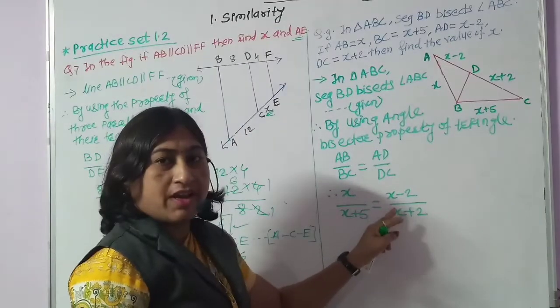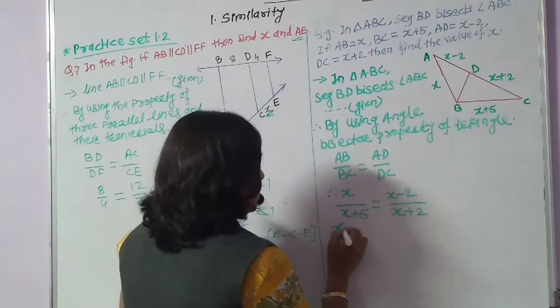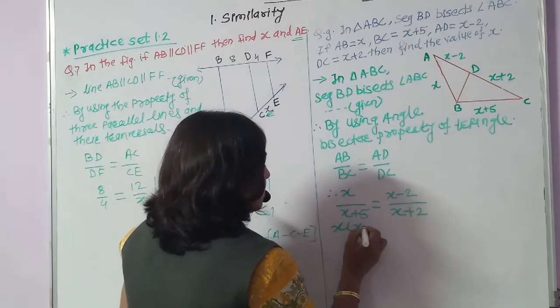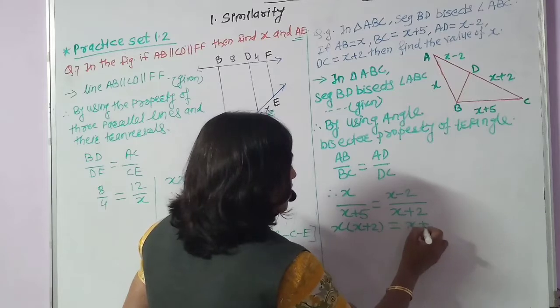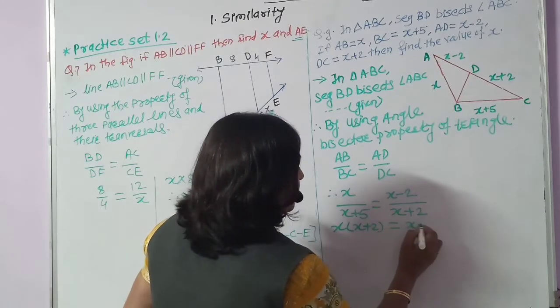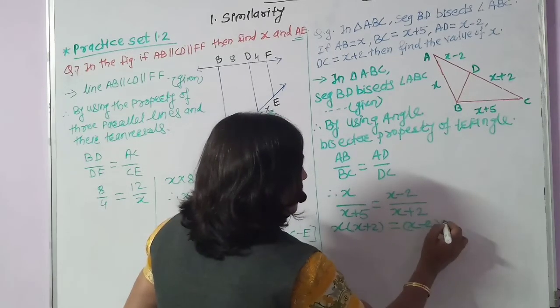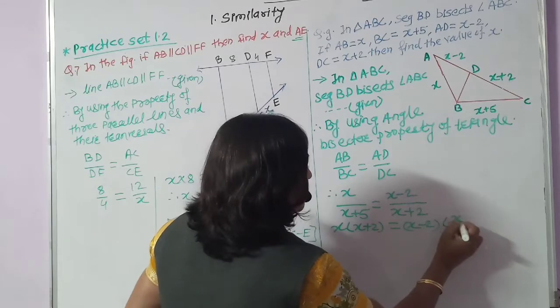Take the cross multiplication, we get x into x plus 2 equal to x minus 2 into x plus 5.